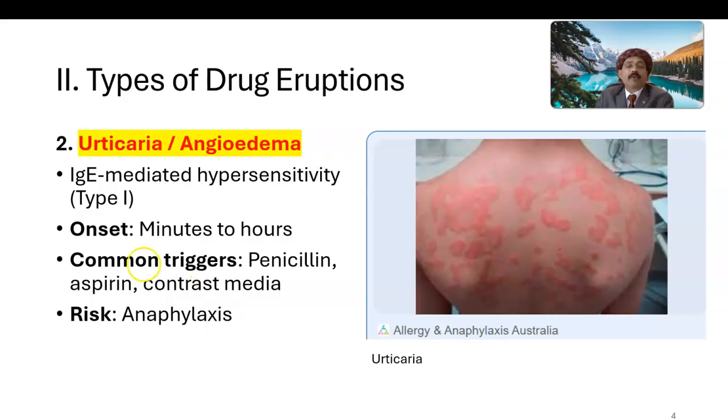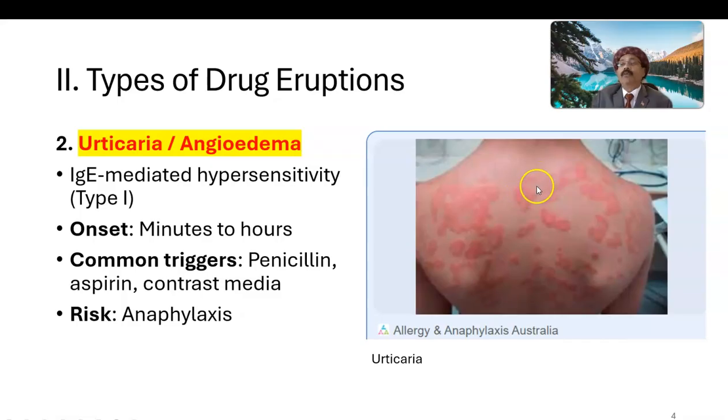The contrast media contains iodine group of substances and other components that may lead to drug eruptions. Risk: there may be a chance of anaphylaxis.